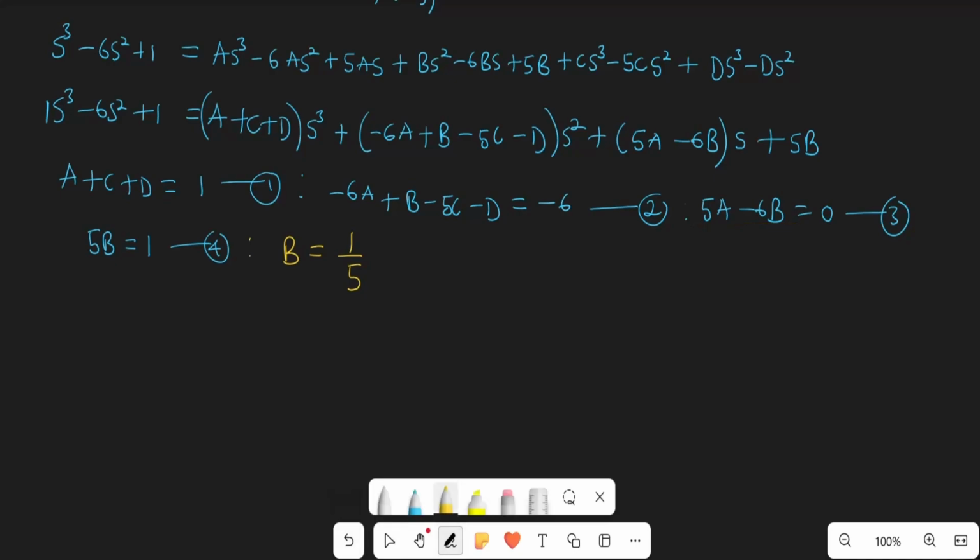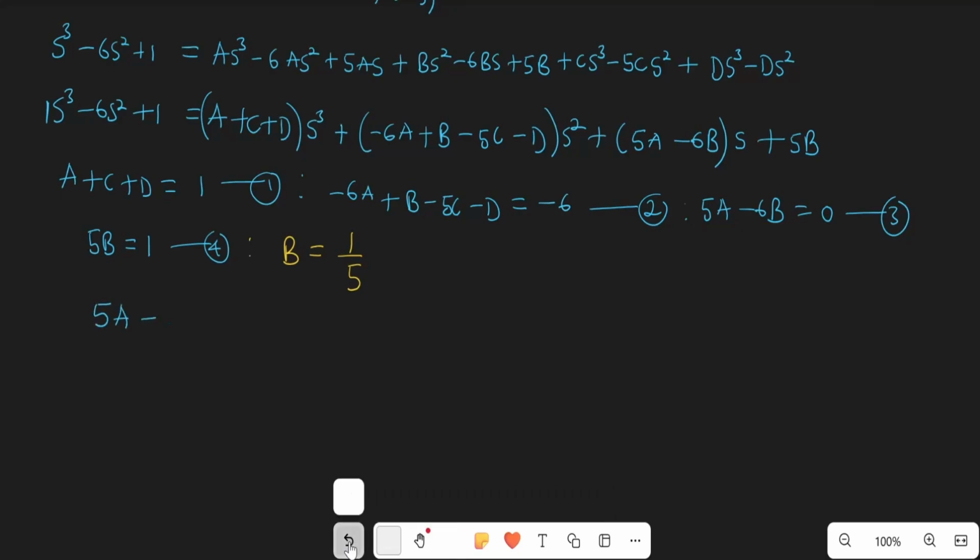So now let's do that. Alright, so here from equation 3, 5A minus 6B is equal to 0. So that means that 5A is equal to 6B. So this is what we have, and that means that A here is equal to 6B all over 5, implying that A is equal to 6 over 5 times B, and B is 1 over 5, which is what we have here.